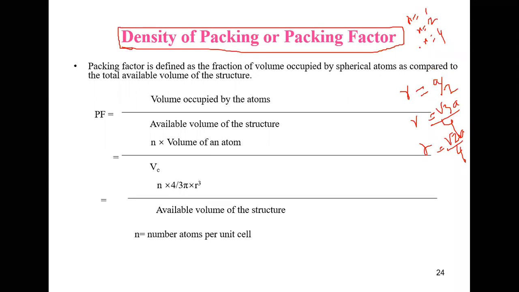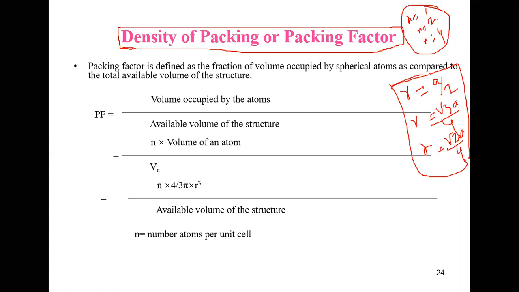Now if you look at the three-dimensional view of this unit cell, you'll see in case of simple cubic crystal, in a unit cell, most of the unit cell will remain empty, and then for body centered cubic, the empty space will be less, and for face centered cubic, it will be even less.